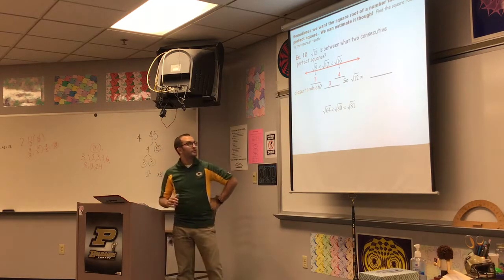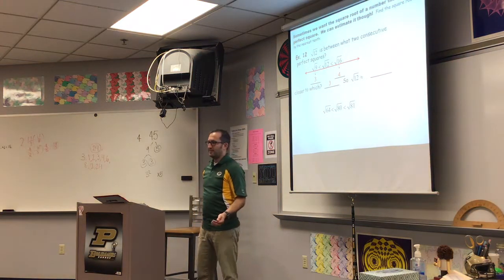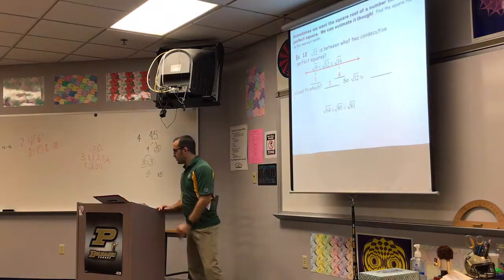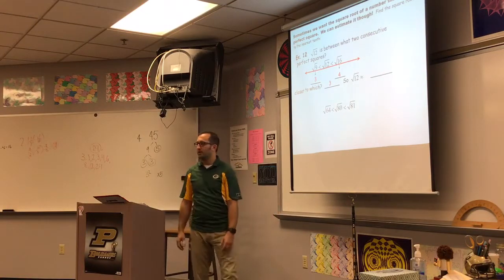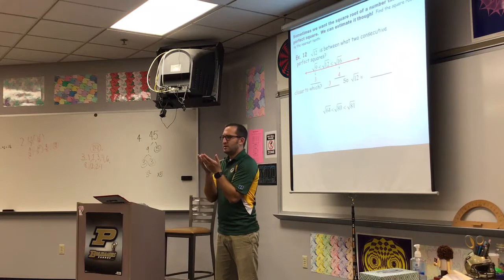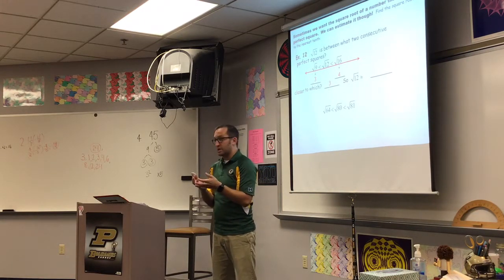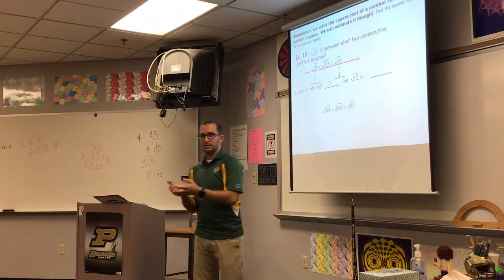It's closer to 3. But it's not way closer to 3, right? We know it's a little closer to 3. So what do we think maybe the square root of 12 would be? It's closer to 3, but it's really close to the middle. We're just estimating, right? So there are a couple answers that would be correct. There's a couple that would be wrong. 3.4. Sure.